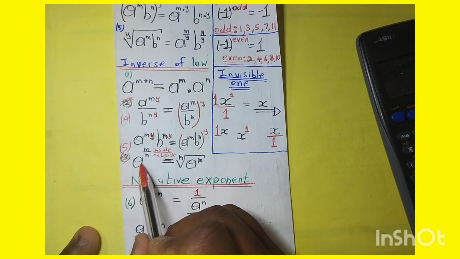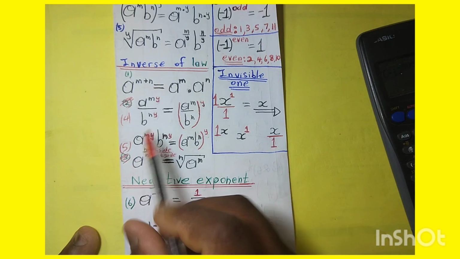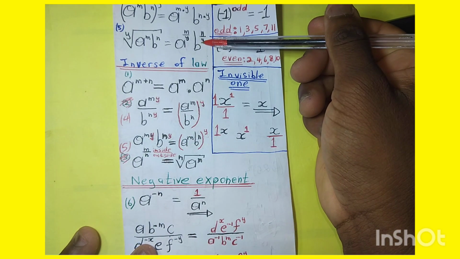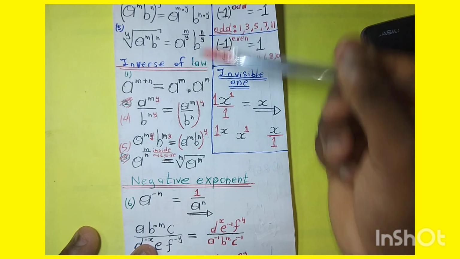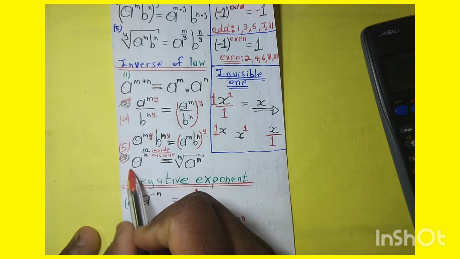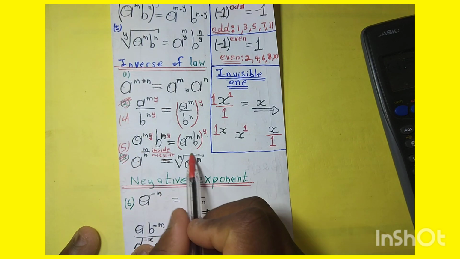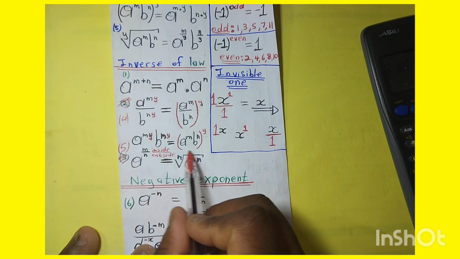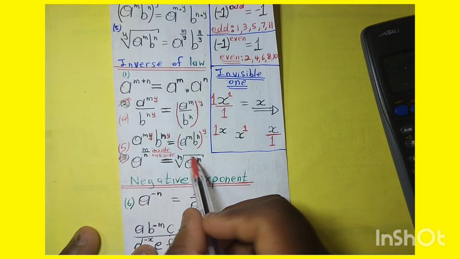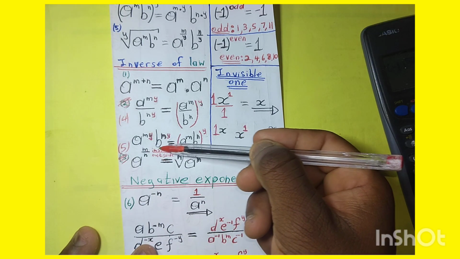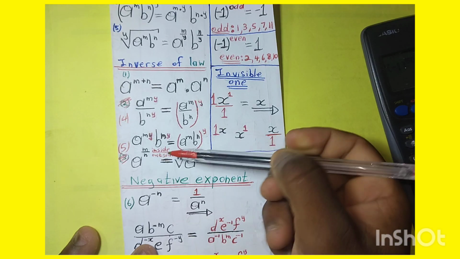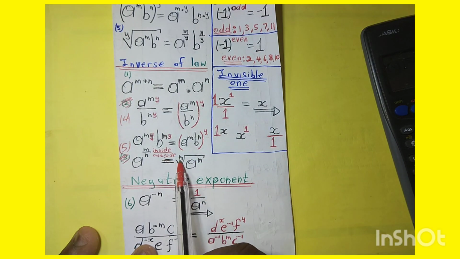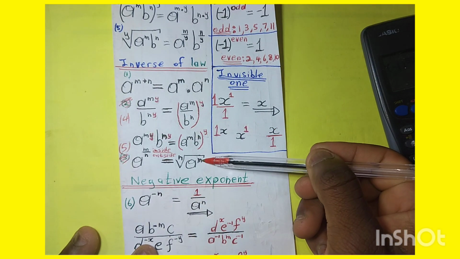Then this one is the inverse of what? Of the 5th law, which is that one there. You should know that if you have something like this in exponential form, I can write it in a square root form. Whereby I know that inside is divided by outside, meaning now my outside will be that n, my inside will be m.